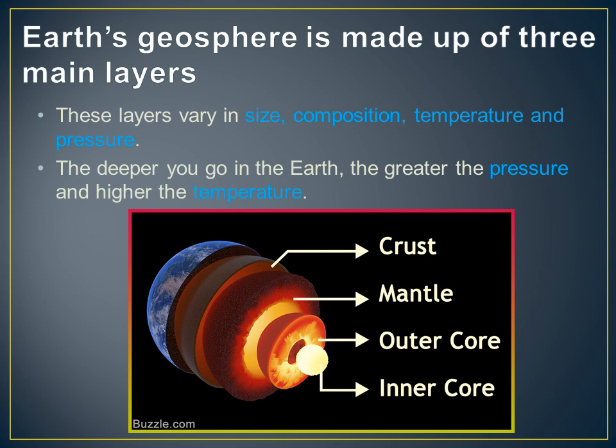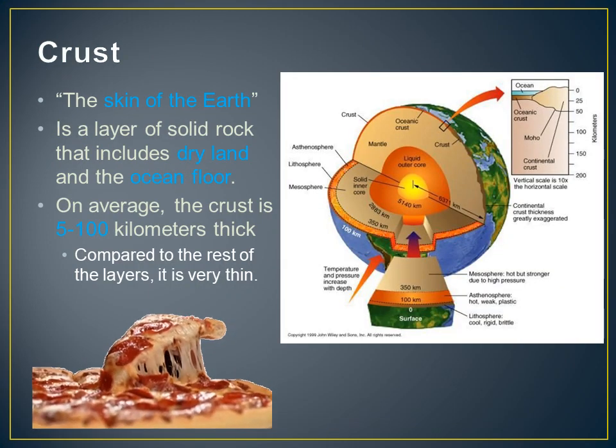But what we need to know about temperature and pressure is that as you go deeper in the earth, the more you go towards the center of the earth, the greater the pressure and the higher the temperature, until you get to the core, like you see in this picture here, that is very, very hot. So hot that it has melted rock and metal and made them liquid. Molten. Again, going back to our vocabulary words. Good. Now let's look at these layers.